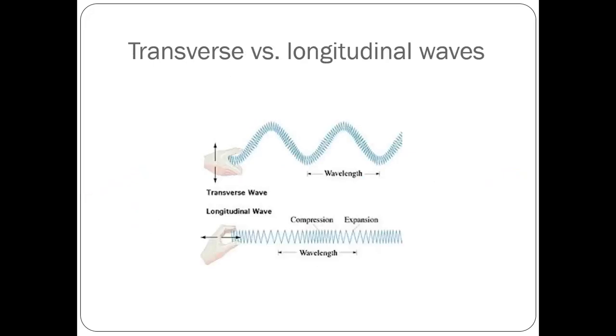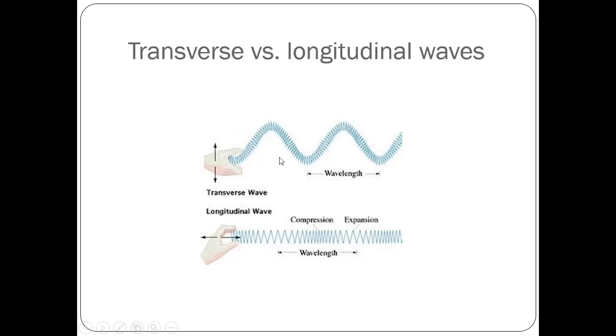The other thing to point out about waves is there are two main types of waves that we come across. One is a transverse wave. Here the waves are moving this way, away from the person's hand, traveling through the slinky or spring. But if we look at any individual part of the spring, it's moving up and down, perpendicular to the direction of travel of the wave.